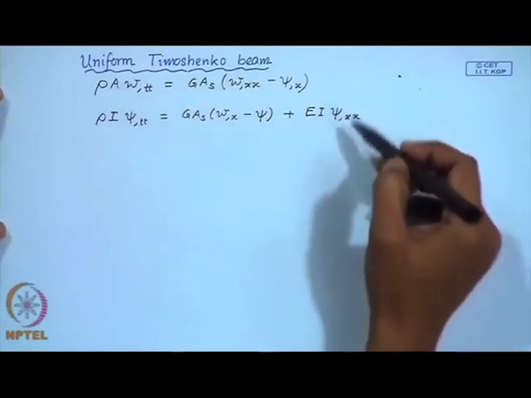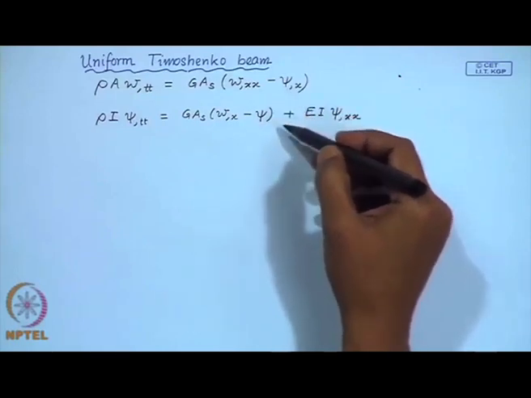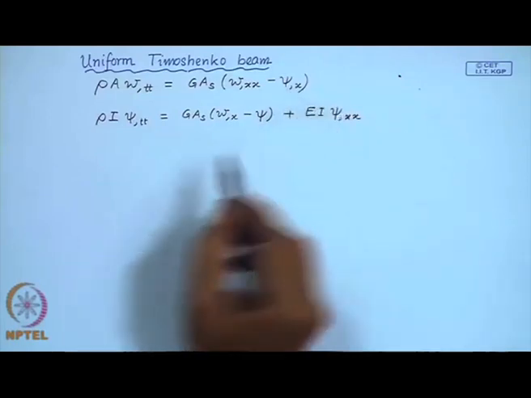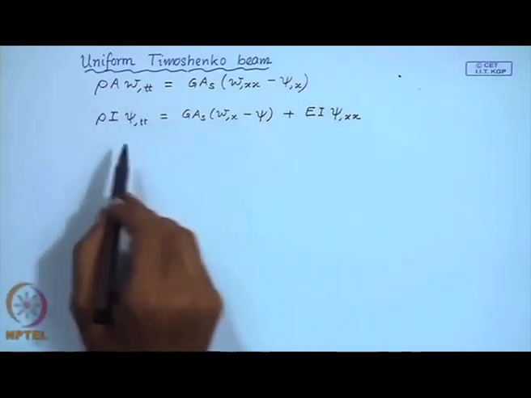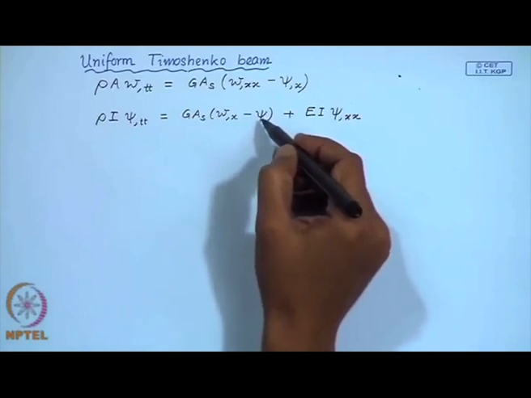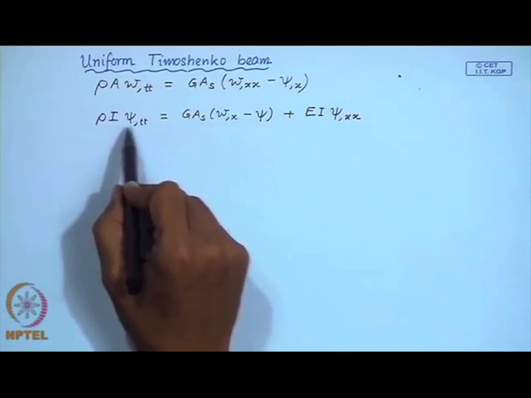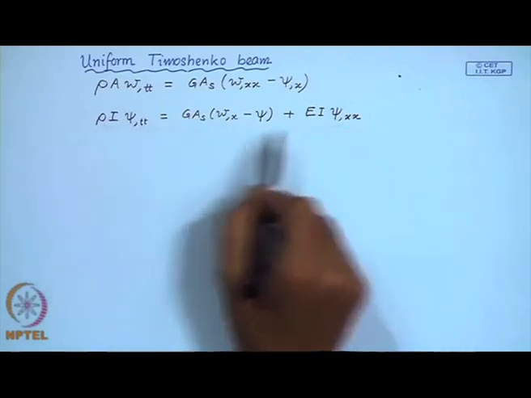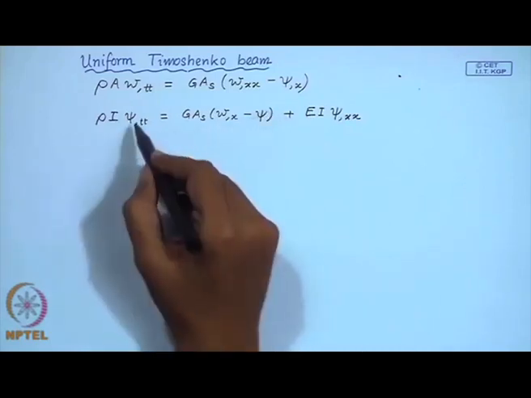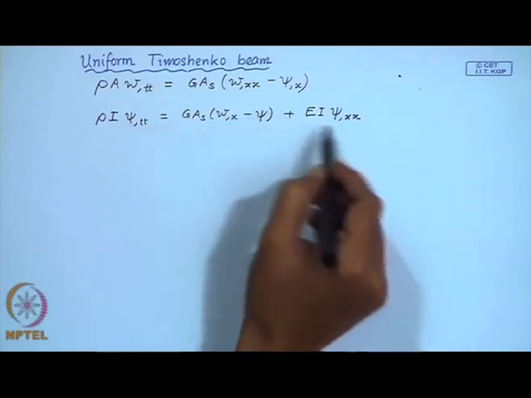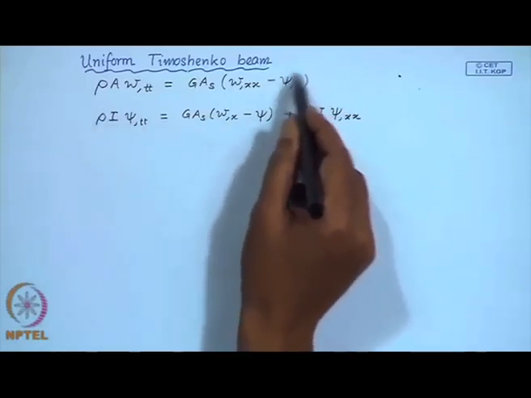Now, here it is possible to eliminate psi between these two equations to obtain a single equation in W, and to do that, if you differentiate this equation with respect to x, you will have del psi del x in this equation, and del psi del x can be solved from here.